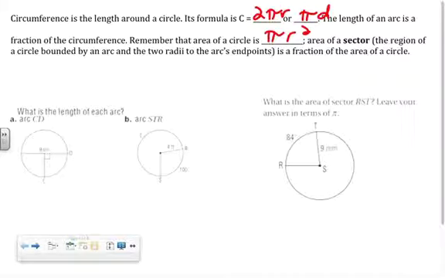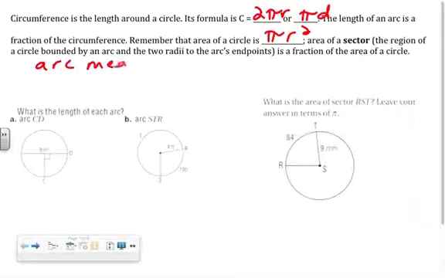Okay, so the fraction of the area of the circle, fraction of the circumference of the circle. Here's the fraction that I'm referring to. How many degrees is it all the way around a circle? 360. So the fraction that you're taking of the circle is the fraction that that angle is of 360.